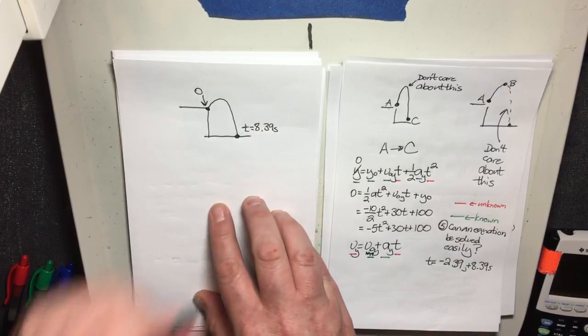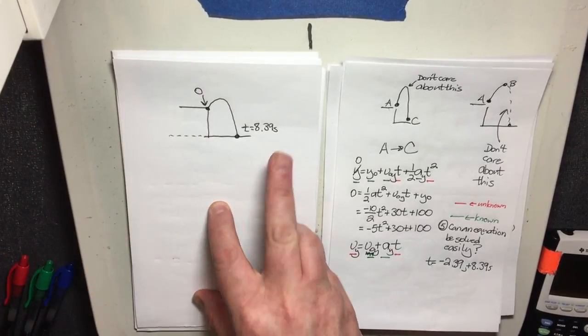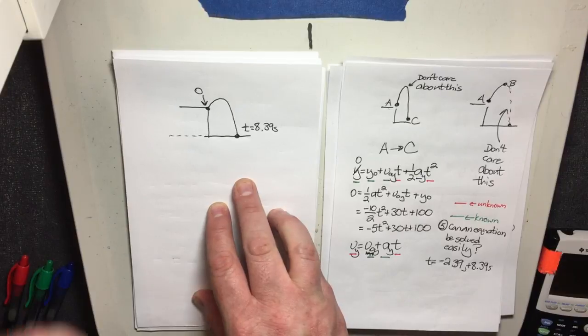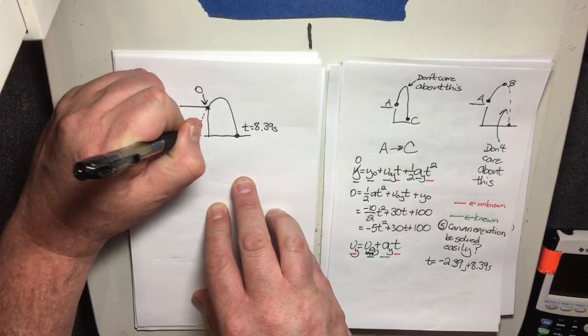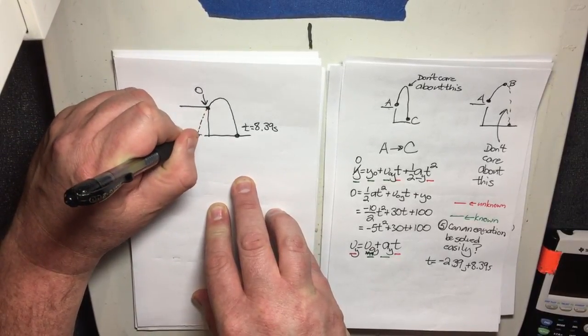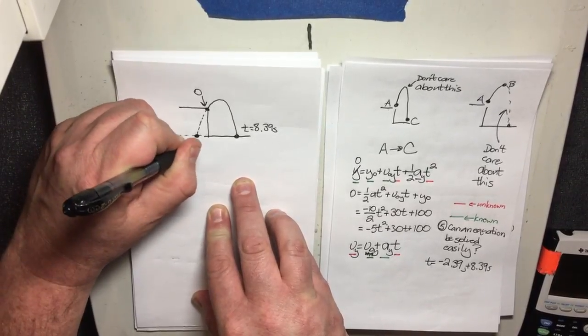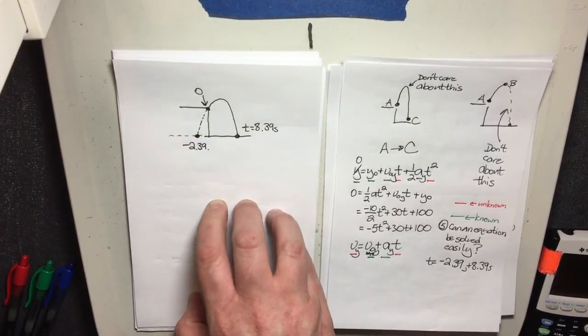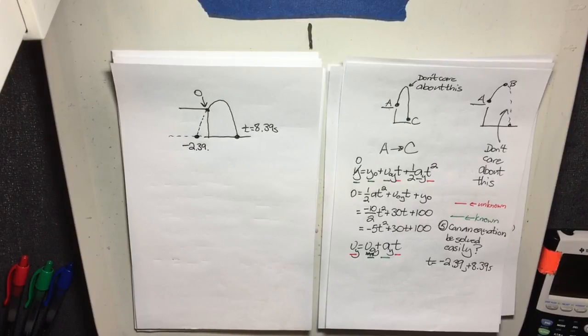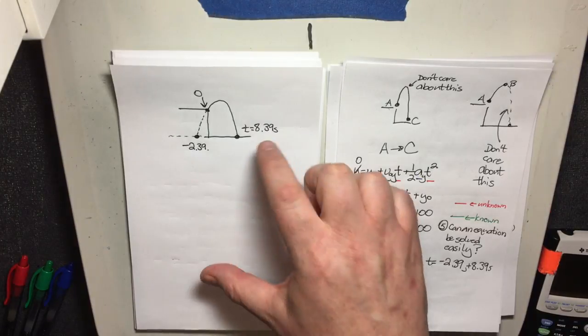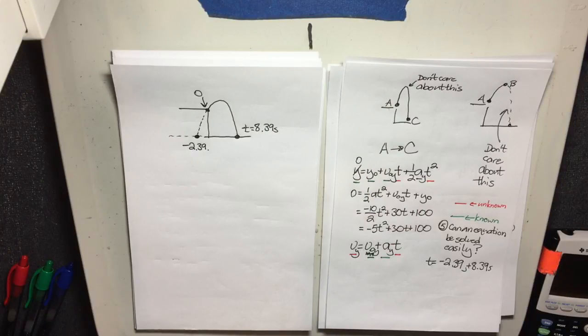That point is where it crossed that line, 8.39 seconds in the future. Had you stepped backwards in time, where the object could move through the mountain, it would have been at that same level roughly 2.4 seconds before it launched. It is mathematically possible, but it is not physically possible. So we just throw that number out. So the answer that we use is 8.39.